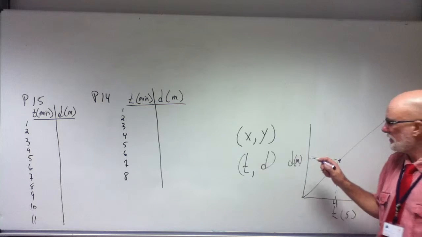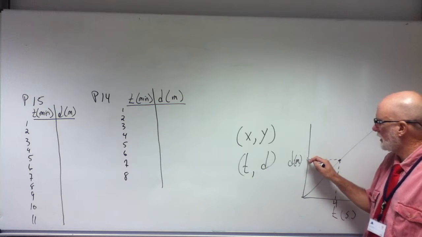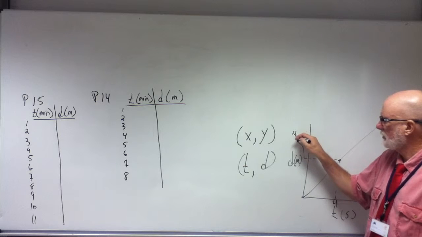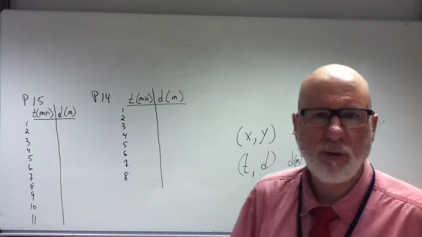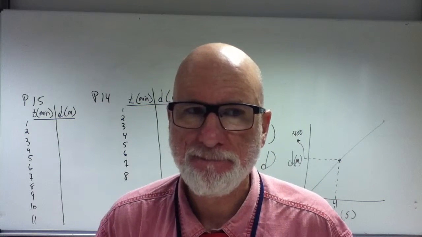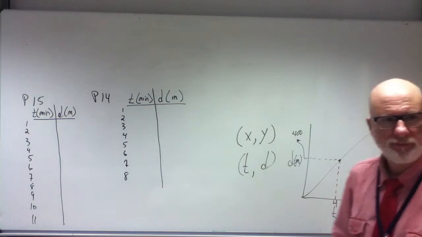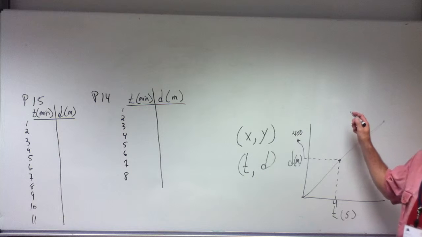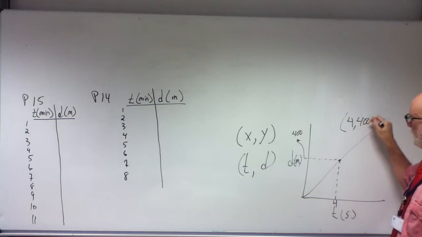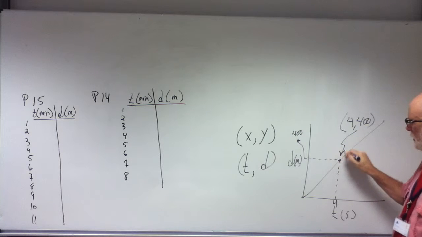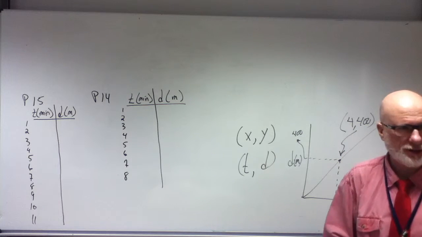Let's say 400, okay, and this says 400 over here. Didn't leave myself enough room, 400. So the ordered pair would be what? What would the ordered pair be? Yes. 4 and 400, right? That would be 4 and 400, correct?